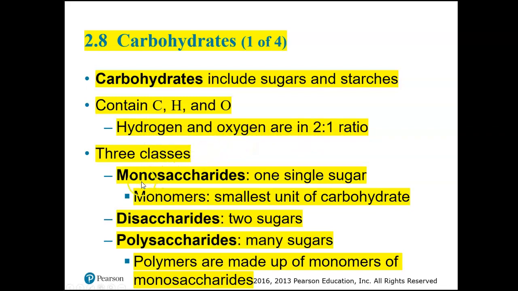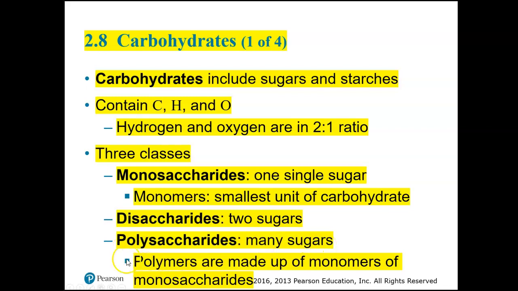There are 3 classes of carbohydrates: monosaccharides, which are just simple sugars, one single sugar, and they're the monomers of carbohydrates. Disaccharides are 2 sugars or 2 monosaccharides chemically joined, and polysaccharides are chains of many simple sugars, many monosaccharides.